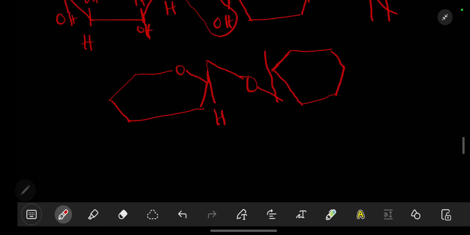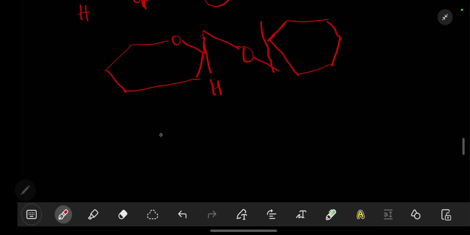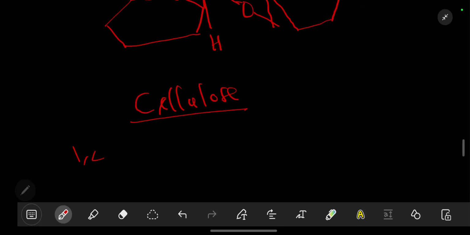Structures that are formed by beta glucose doing this are what we have as cellulose. Cellulose is the combination of beta glucose, in which they are bonded by 1 to 4 glycosidic linkages.